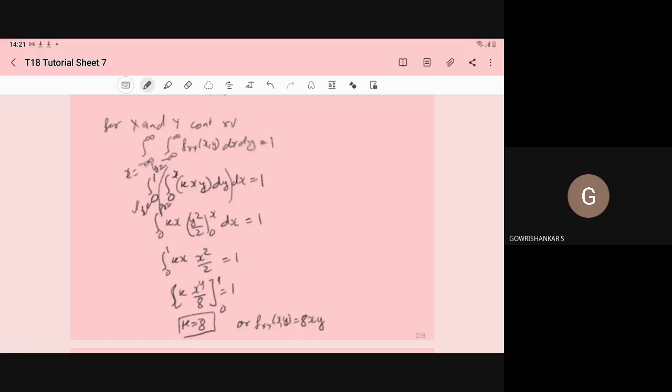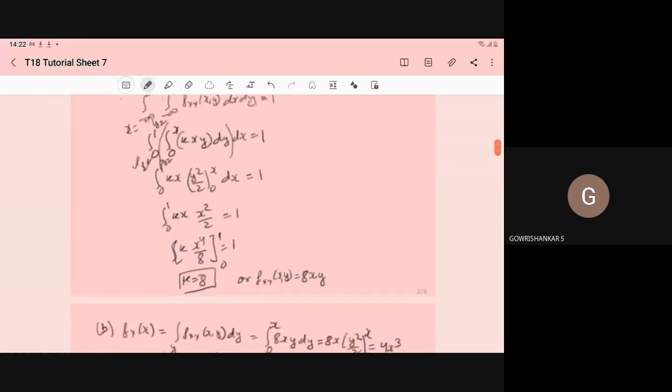So here we have the integration from 0 to 1 of kx into x square by 2 is equal to 1. So it will become k x cube by 2. On integration, it will give you x to the power 4 upon 4 into k by 2. So it will become k x to the power 4 upon 8, limit 0 to 1. So it will give you k is equal to 8.